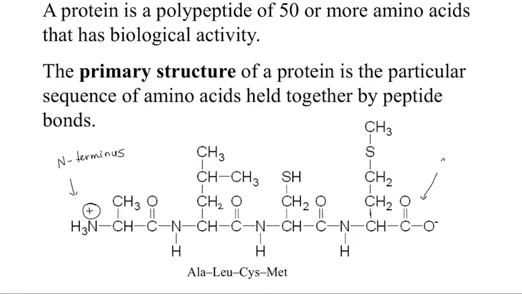This is called the C-terminus, because it is the carboxylate side in your peptide, okay? So every time you are given a particular peptide, understand that you're going to have alpha carbon, amide, alpha carbon, amide, alpha carbon, amide, alpha carbon. Then if you see a carboxylate, your peptide is done.